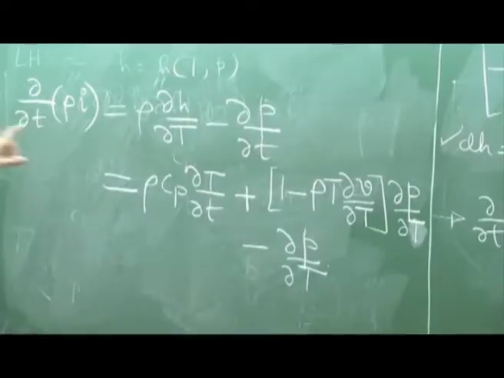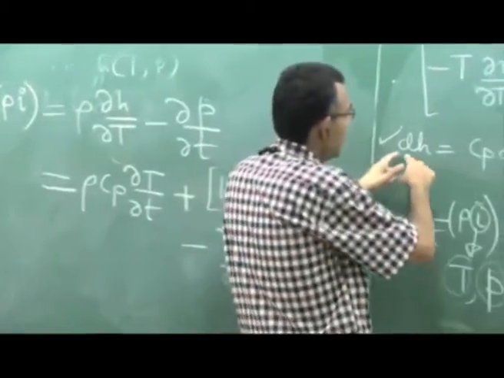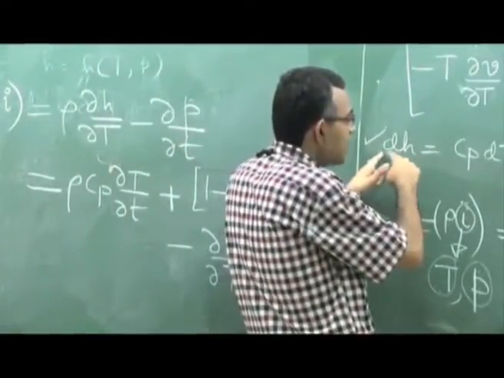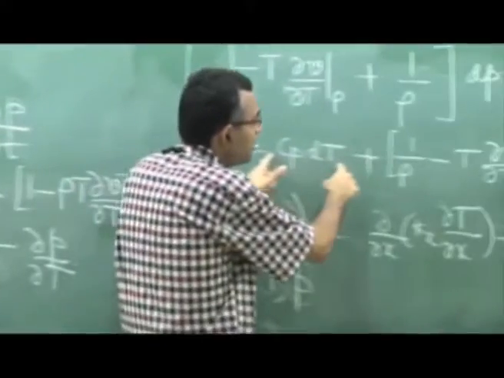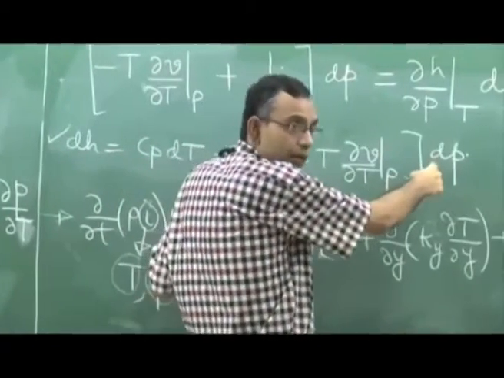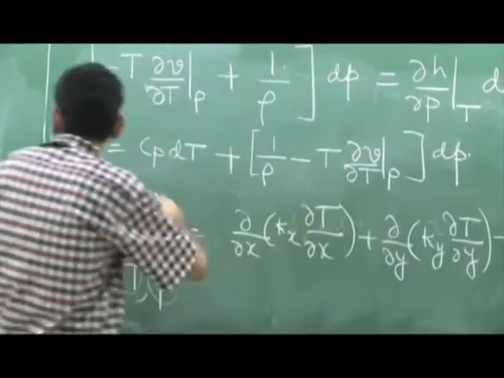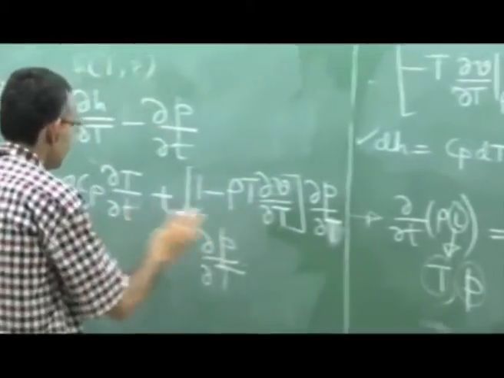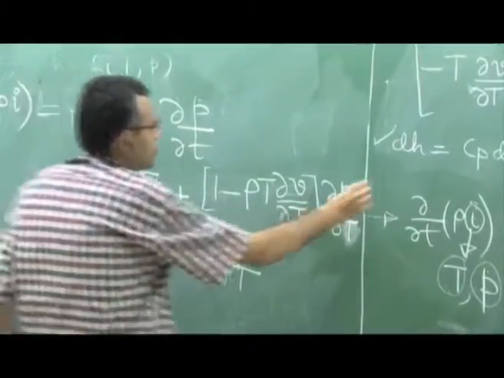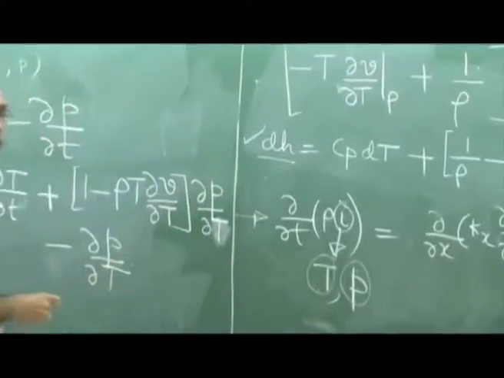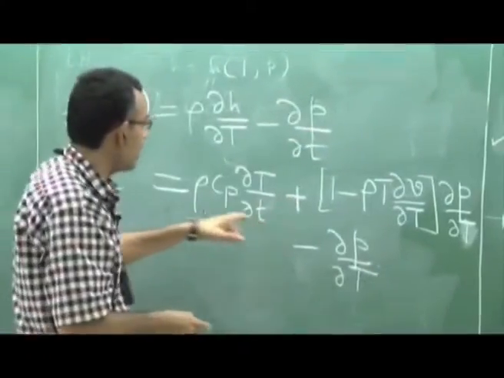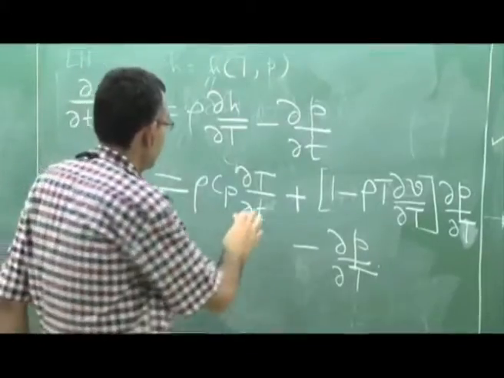What we have done is basically written this as delta H is equal to Cp delta T plus this into delta P, divided both sides by delta T and taken the limit as delta T tends to 0. So that will give rise to this equation.